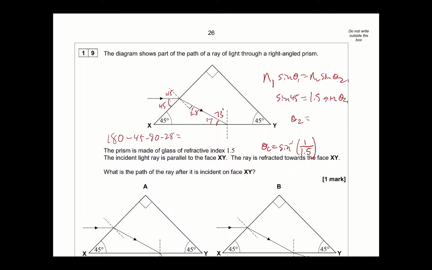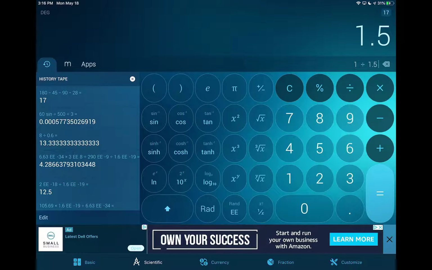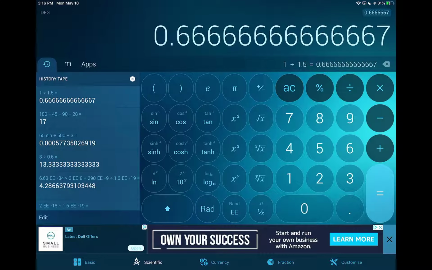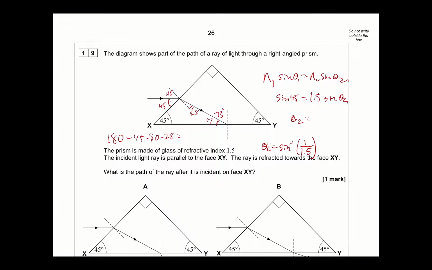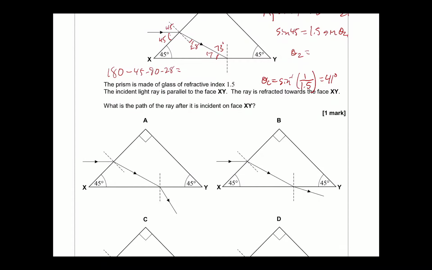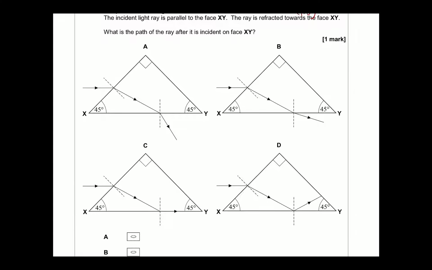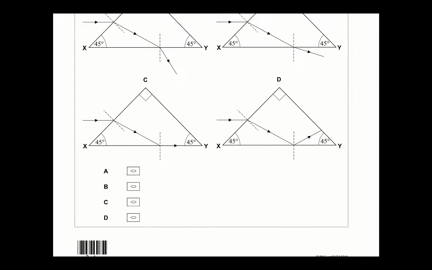Okay. 41. Okay, so we are well past the critical angle here. So it has to be D.